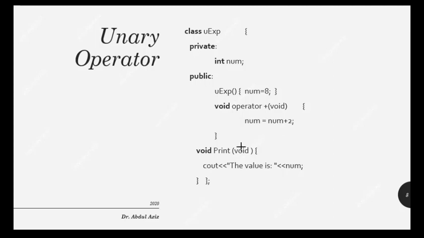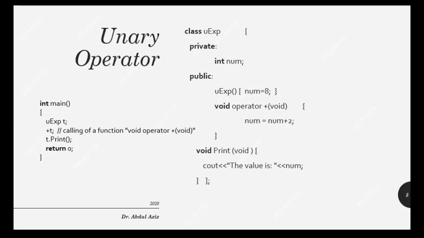And then we have also added a print function that will simply print the values of my local variables. In the main, we have created an object t, and then we have called the operator like plus t, and then we have called the function t dot print.